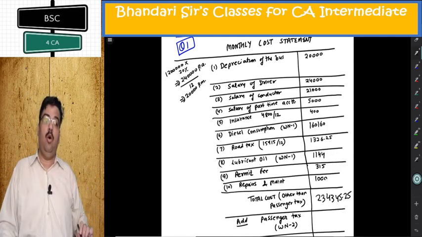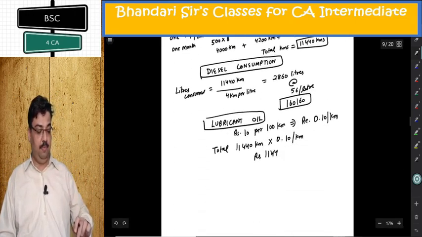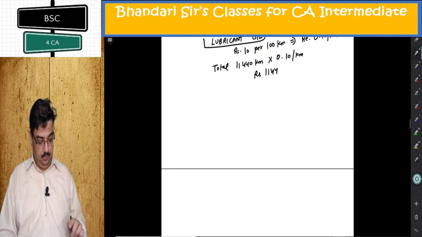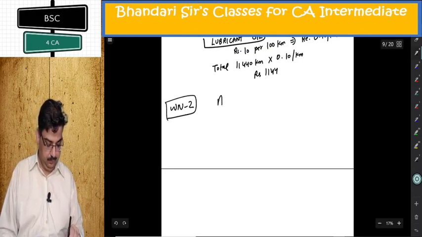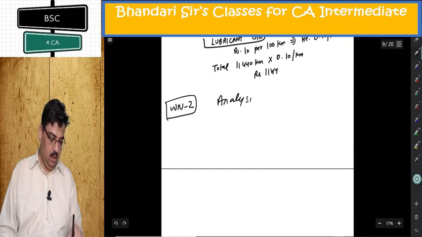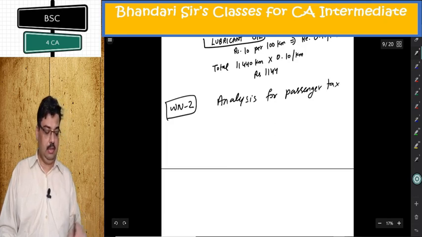Going further on working note 2. Working note 2 is related to computation of passenger tax and all. Analysis for passenger tax.